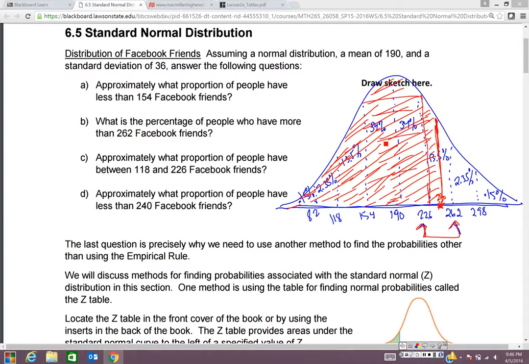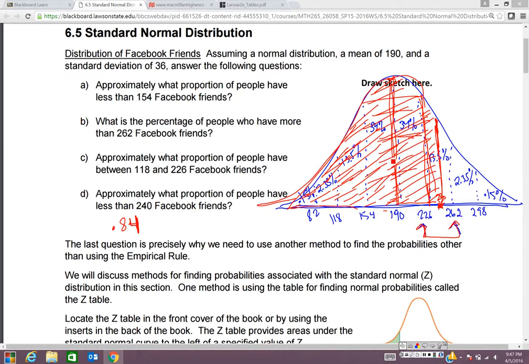So that would be that 50% right here plus this 34%. So I know that it could be between 0.84 because of this. I know that this is half, right? 50% of the bell curve, and I know that this is 34. So 50 plus 34 is 84.